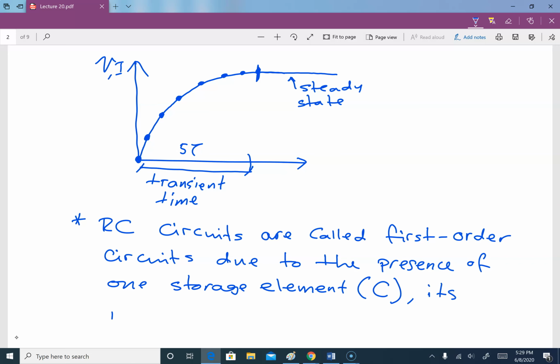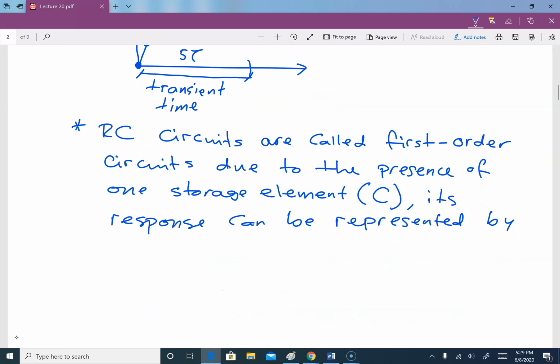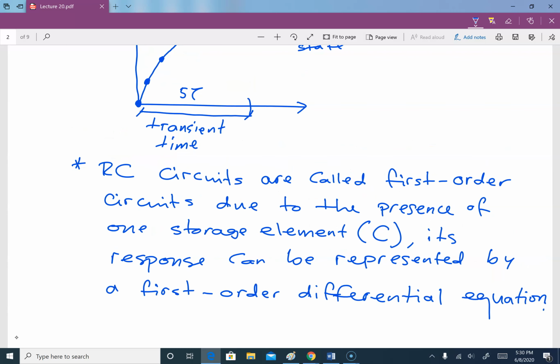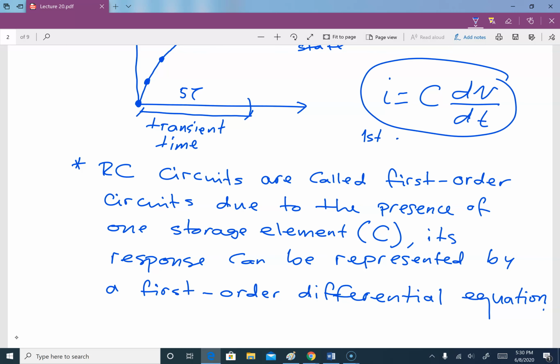So its response can be represented by a first order differential equation. You remember that we have, for example, the current in a capacitor, that is C dV over dt. If you look at that, this is a first order differential equation.